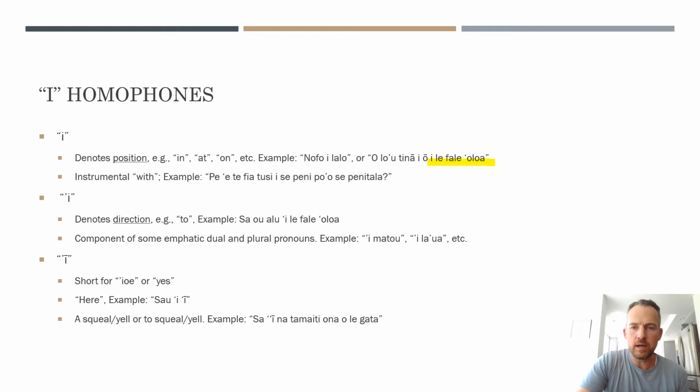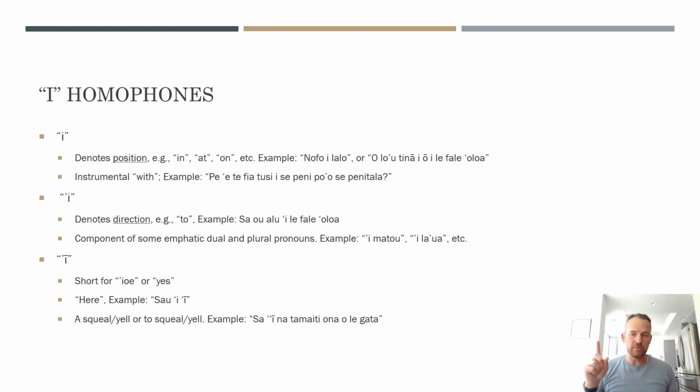All right, and then the real homophone here is when E is used as a component of a pronoun. I have another video on pronouns in Samoan, but you may have noticed that sometimes a glottal marked letter I, so E, comes before another word, and together they are an emphatic pronoun.